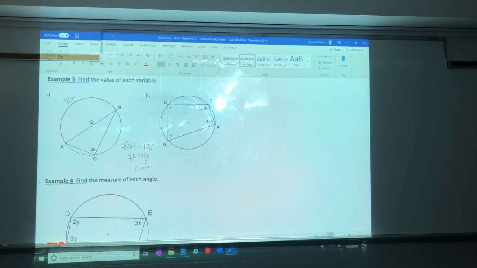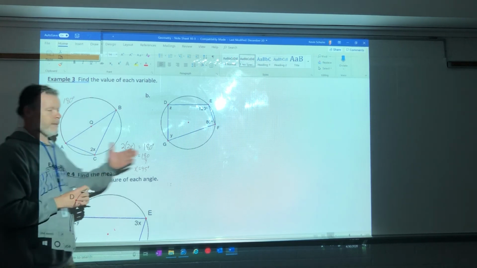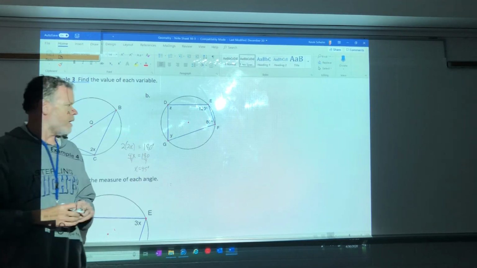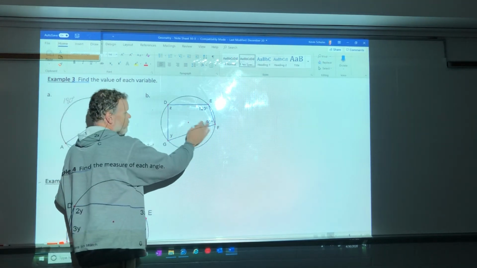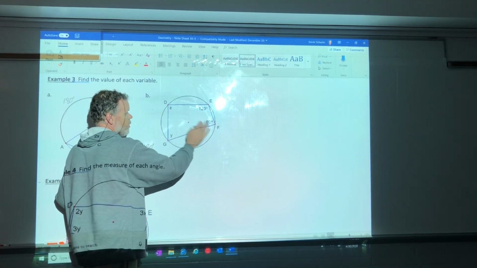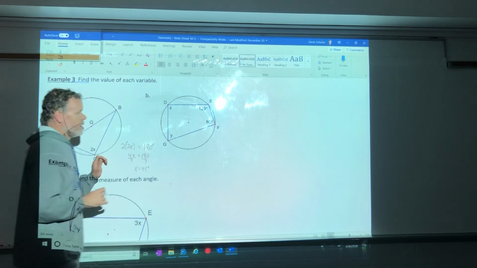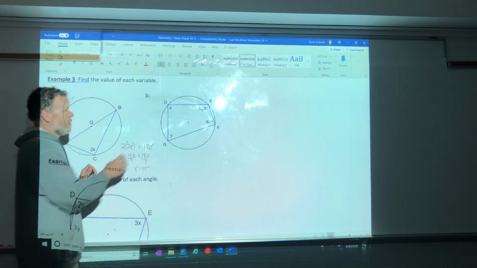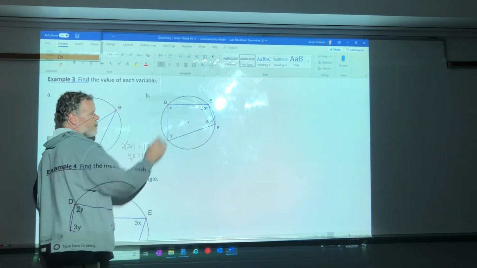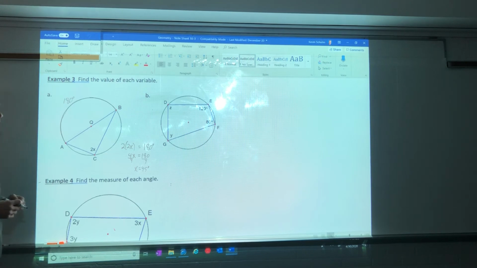Now we're going to look at a problem that's taking information from the last theorem that we looked at, where we said that two opposite angles in a quadrilateral are always going to be supplementary, meaning they're going to add up to 180 degrees.